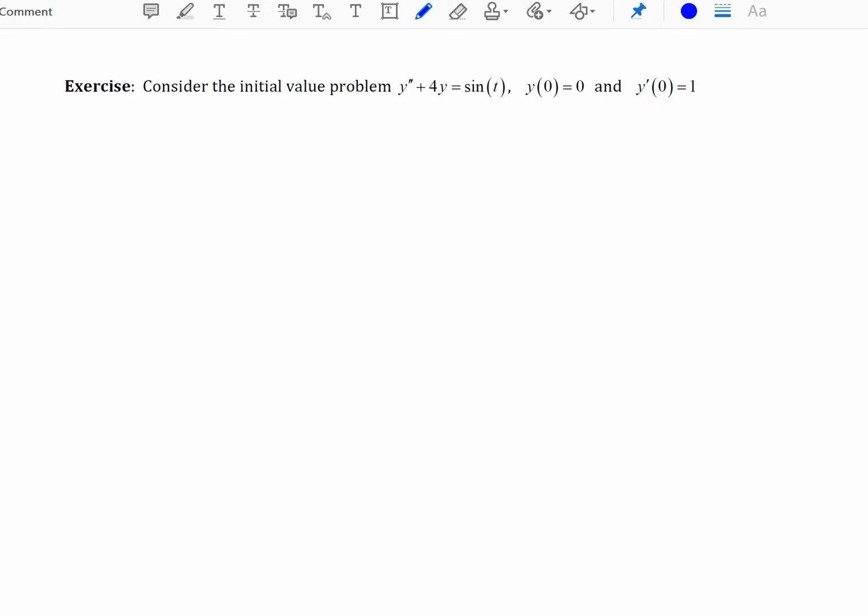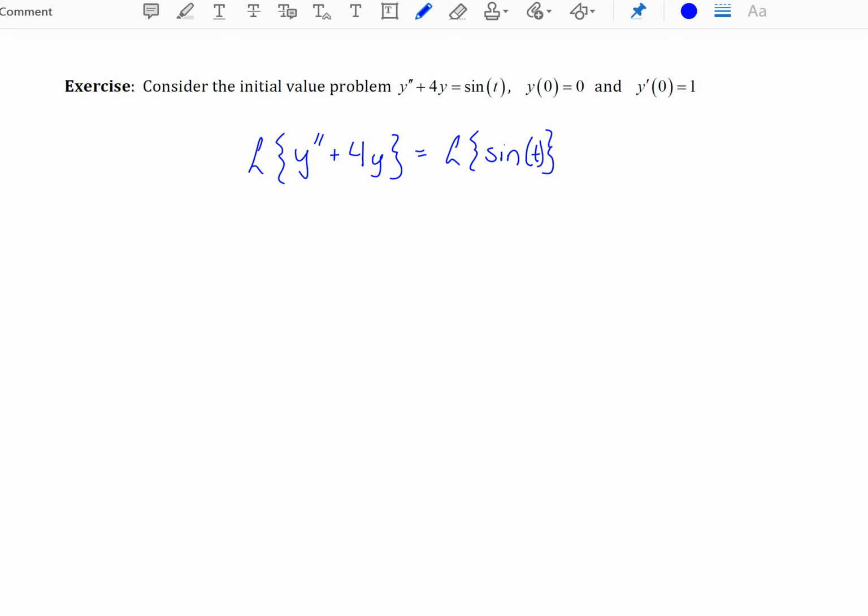Okay, I hope you paused the video and gave this example a fair try. Let's see how you did. Now what we would like to do is apply the Laplace transform to both sides of our differential equation.